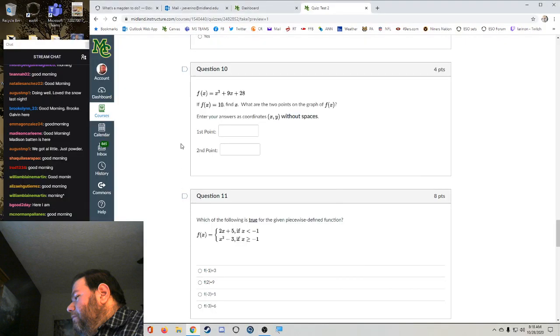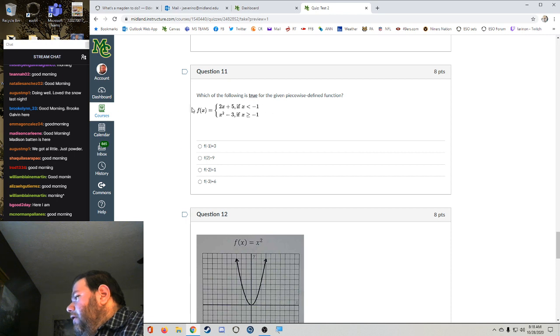Let's see. This one a lot of people had trouble with. It was basically hit or miss because it is multiple choice. We have to determine which one is true for the given piecewise function.